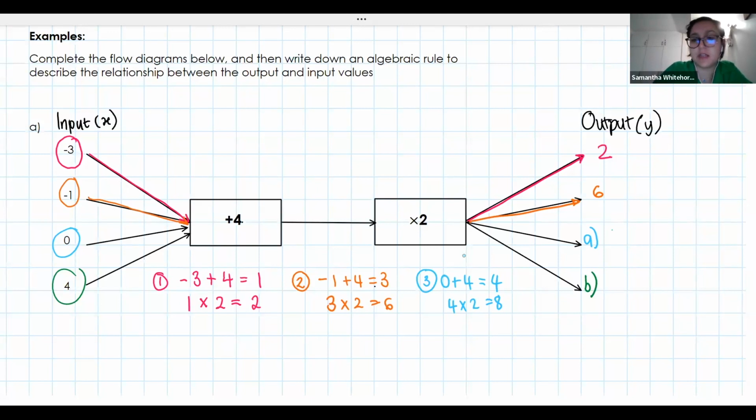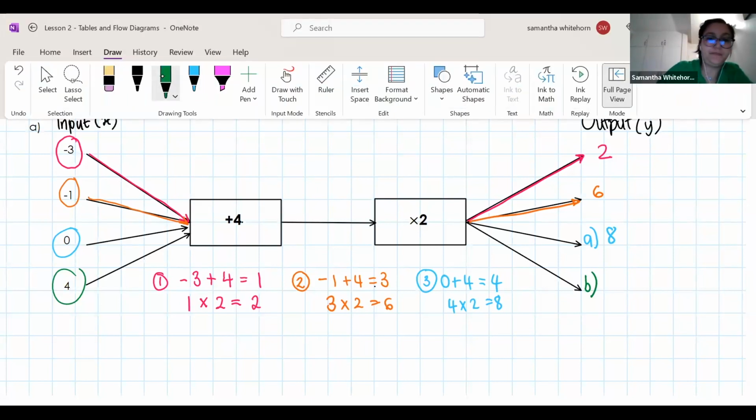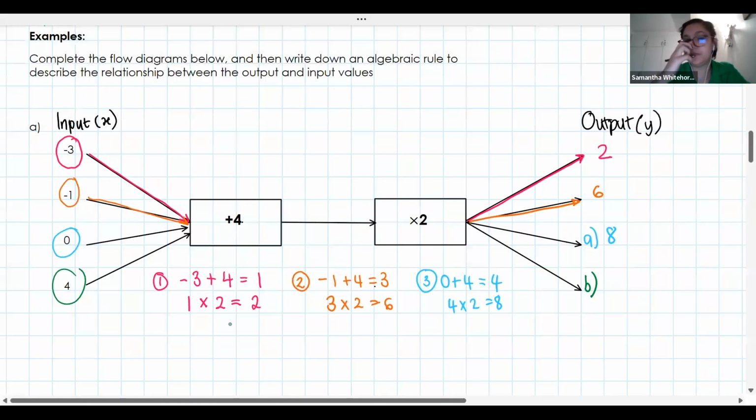Perfect. I'm just writing the operations down there for those of you who might need it. Melissa, help me out with the last one.